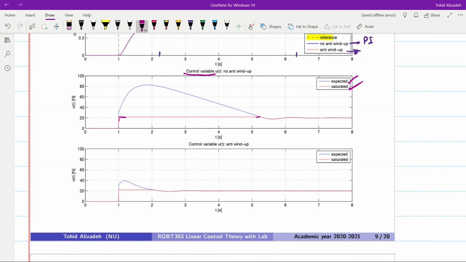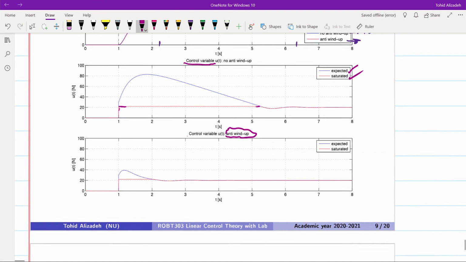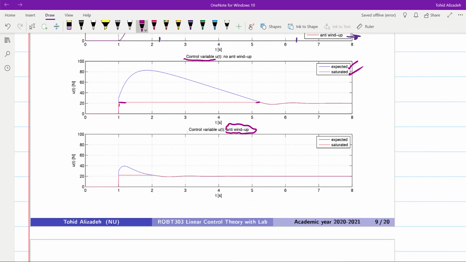In the last graph here, you can see the control variable u when we have the anti-windup scheme. If you compare it with the previous graph, you see that in this case the blue one, which is the expected one, becomes the same as the saturated one quickly.